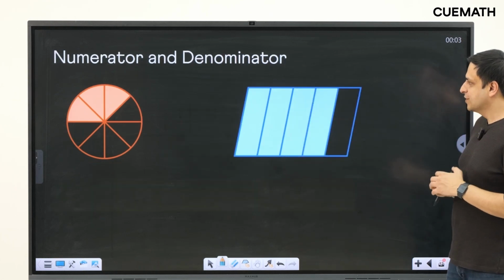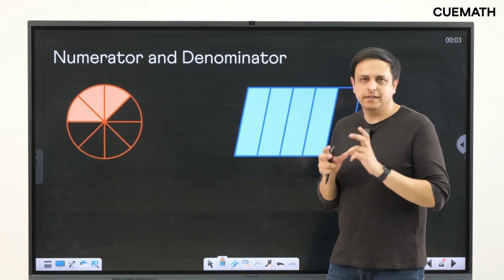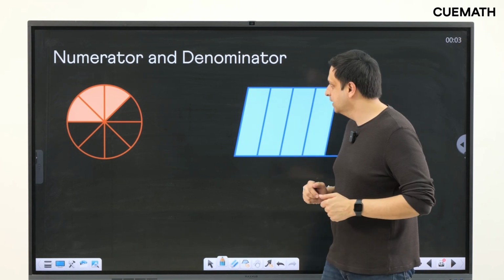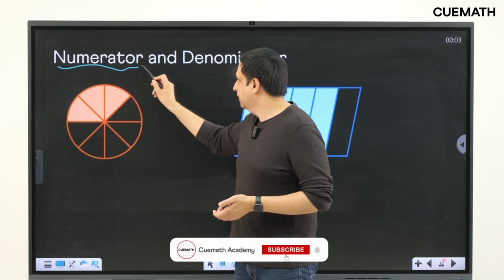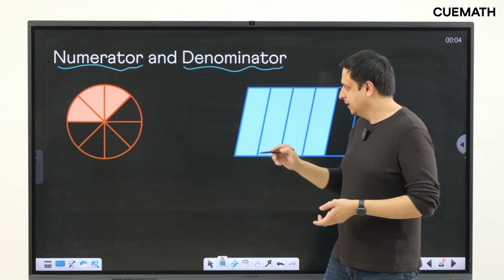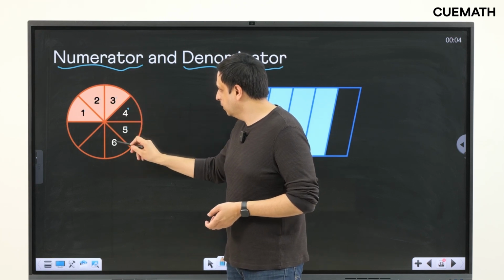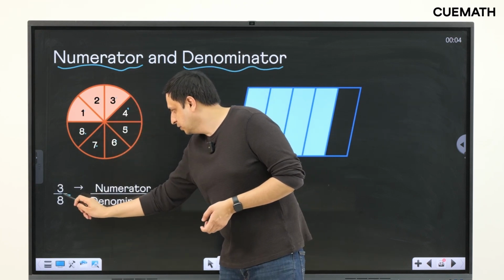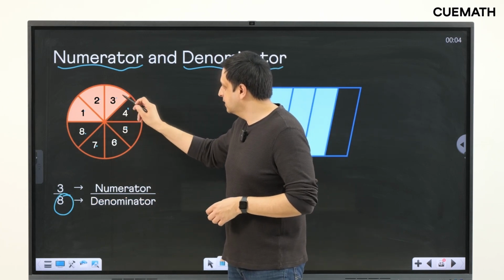By the way, these numbers, the shaded parts and the total number of parts, have special names. The number of equal parts shaded is called the numerator, the total number of equal parts is called the denominator. In this case, for example, the circle has been divided into 8 equal parts. So, 8 becomes your denominator, the number you write at the bottom, and the number of shaded parts is 3.